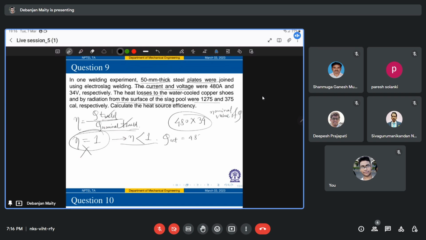That will be 480 into 34, minus your calorie value. So this is coming in terms of joule, right? So if you want to convert it in terms of joule, how much should this be? Some 4.2, correct?